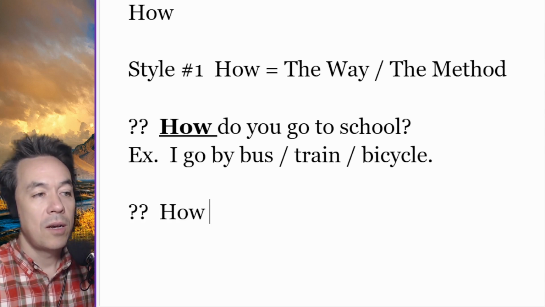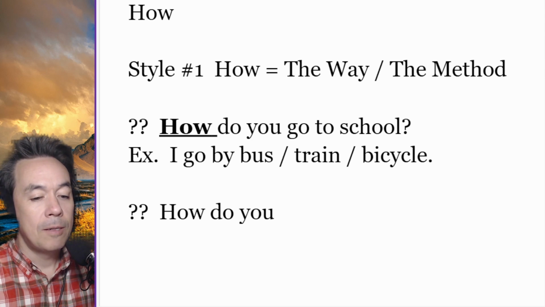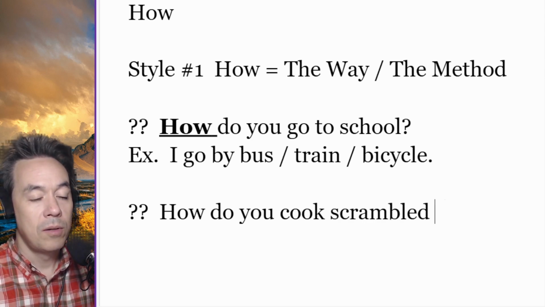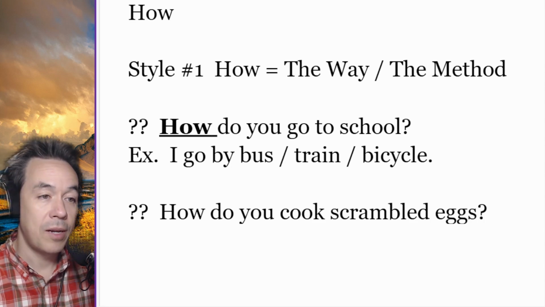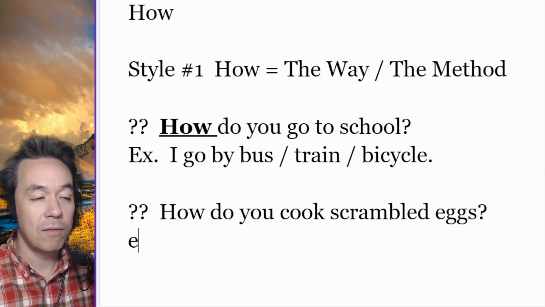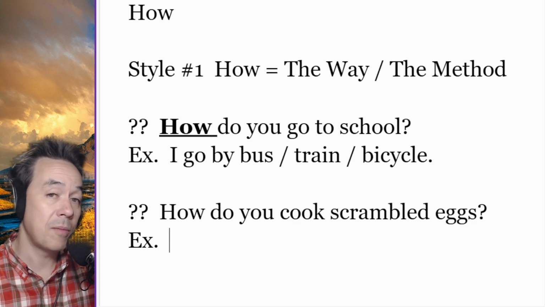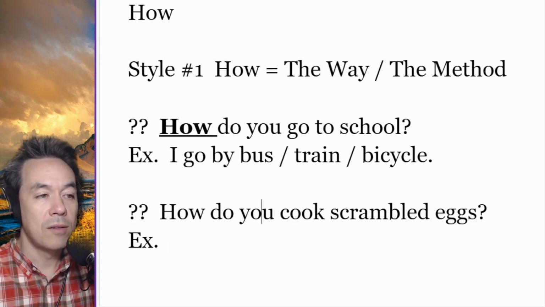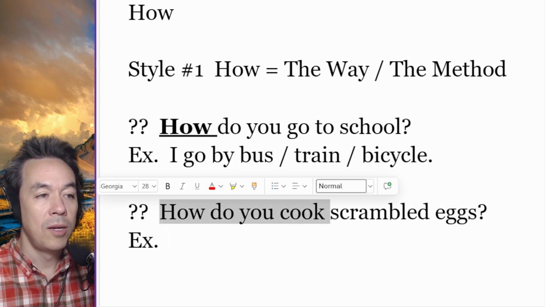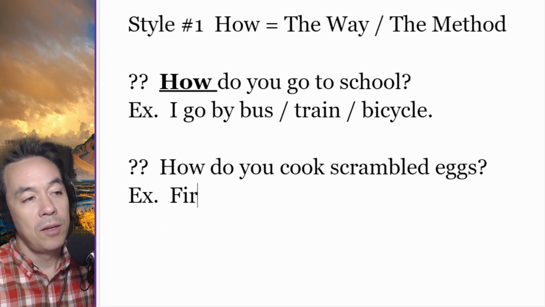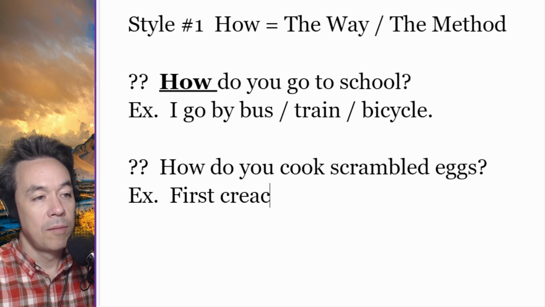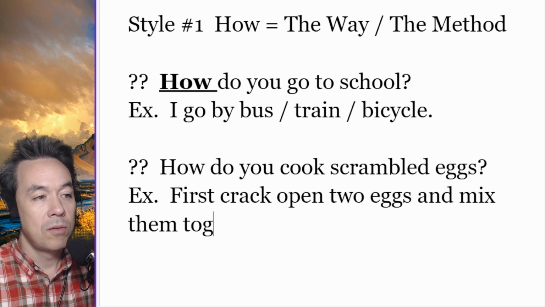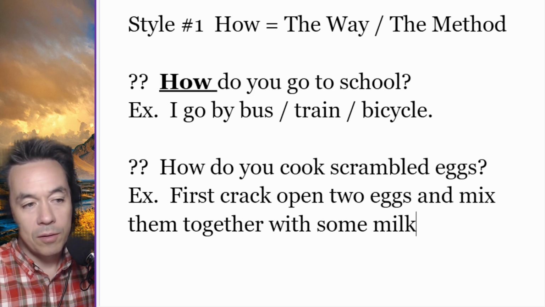Another one here, like, how do you cook scrambled eggs? Okay, so now that's a little bit more complicated. This is asking for really the recipe or start to finish of the way to cook. How do you cook? So something like, first, crack open 2 eggs and mix them together with some milk.